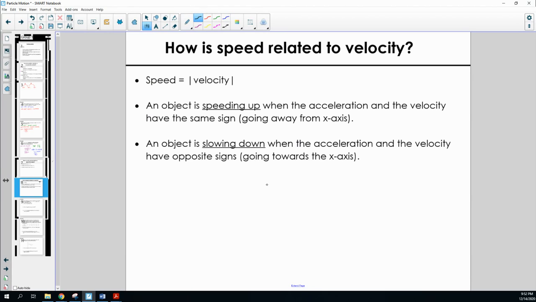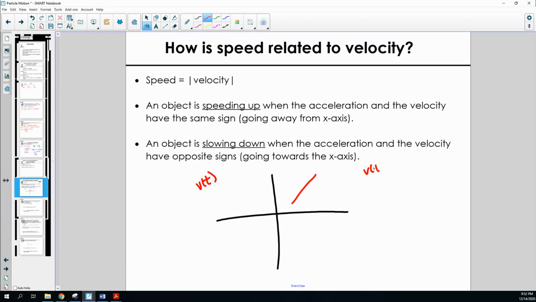So if I just look at a quick, oh my gosh, really bad graph here. Let's say that this is going to be the graph of the velocity, so v of t. I have a positive velocity if I'm above the x-axis, and the acceleration is the slope. So I'm just going to draw random lines here. Right here, it's above the x-axis, so the velocity is positive.